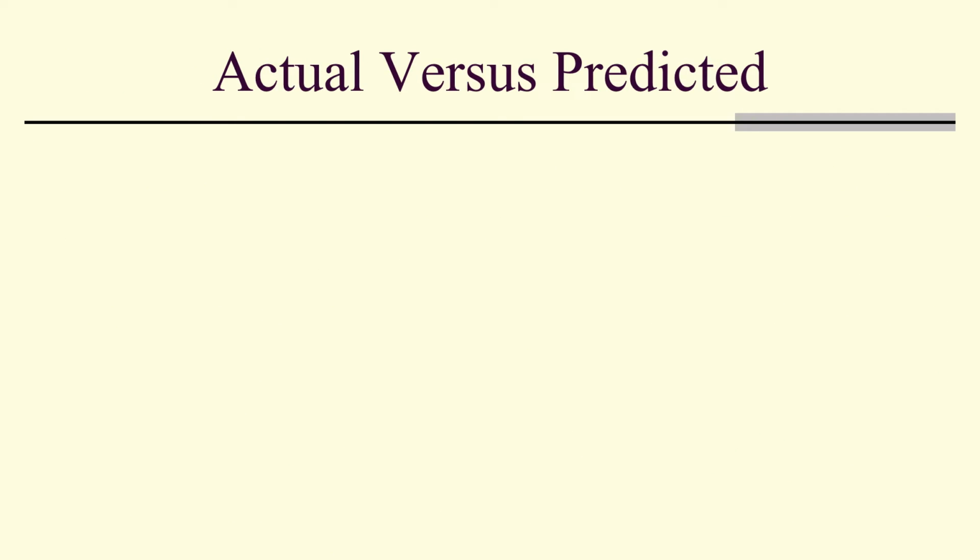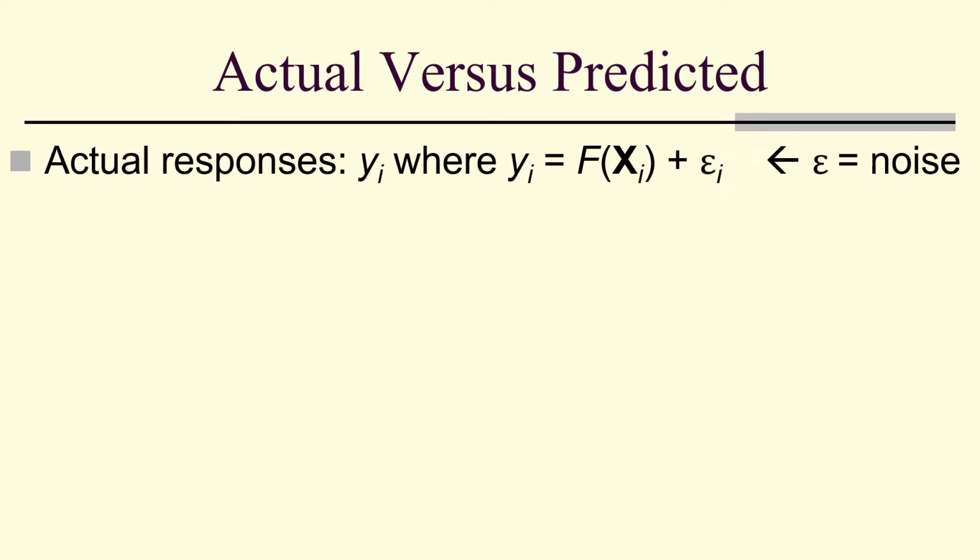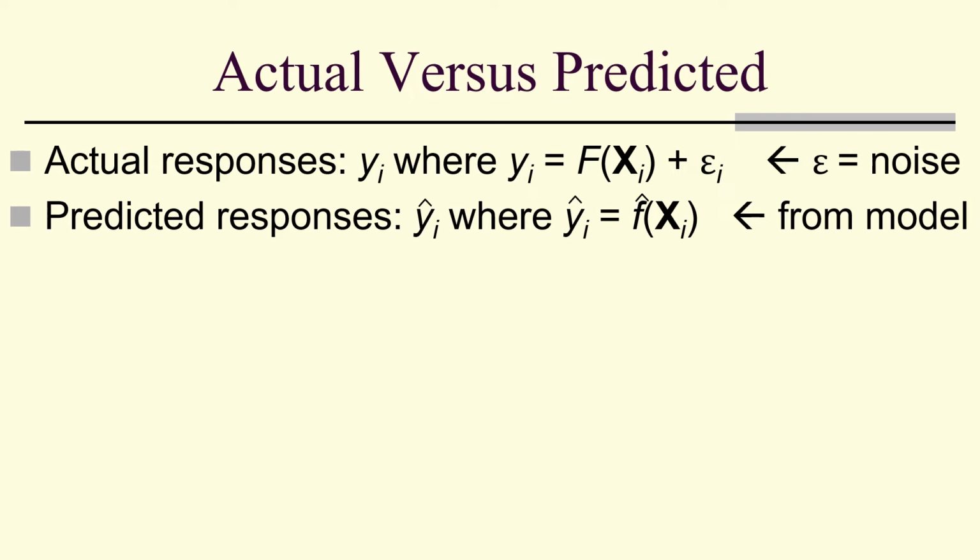So let's look at this actual versus predicted. Actual responses are y sub i's, where y sub i is the true function plus some noise. Predicted responses come from the fit, the best fit to the data from the model, the best fit to the training data.